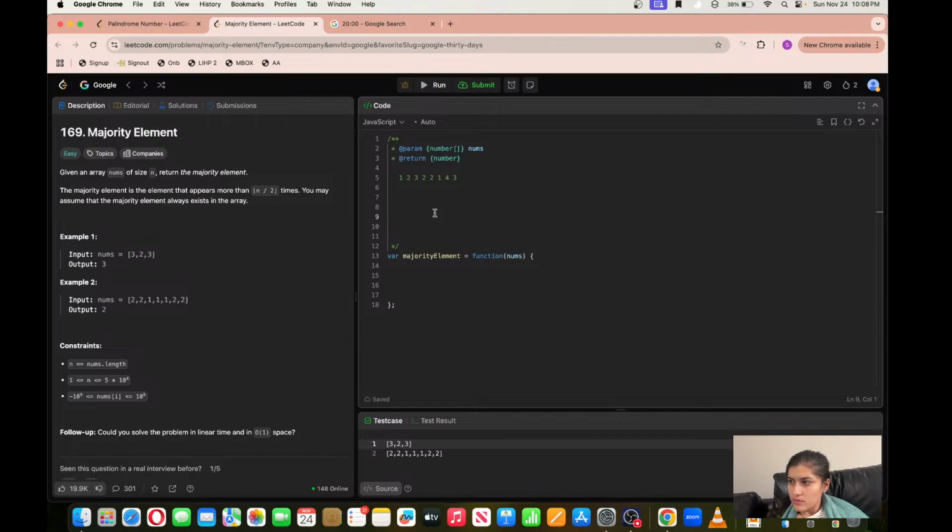So how will I know if some element is occurring more than half? If only one element occurs more than half, just by going through it once, just by looking at it once.